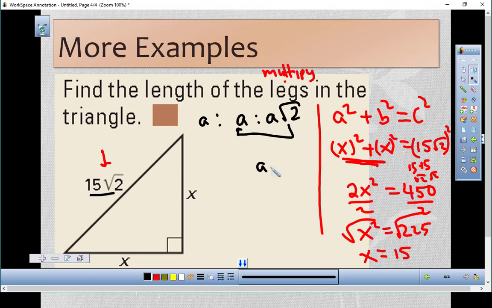If I have a square root 2 over here, I need to divide by the square root of 2. And if those square root 2's cancel, so you have a left. Does that make sense? That's how you find this one, and that's how you find that one. You need to take this number, whatever it is, and divide by the square root of 2. Okay, so that's how we're going to do this problem.